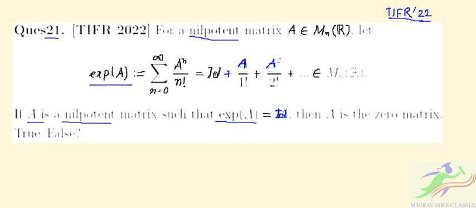So we have been given that the exponential of A is equal to the identity.